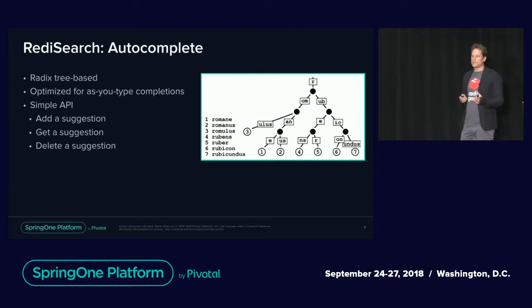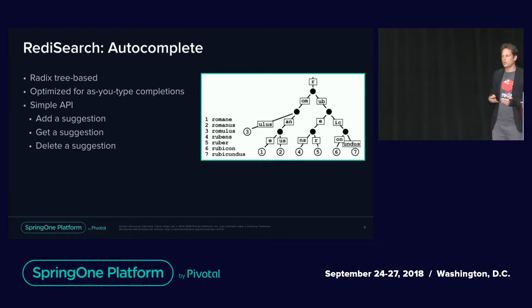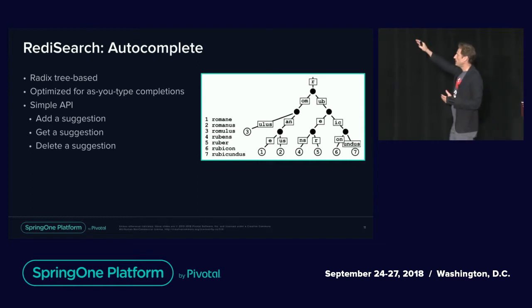Autocomplete is an interesting feature that uses radix tree-based data structures and is optimized for real-time as-you-type completions. If you provide just the beginning of a word or a phrase, as you can see in the example here, it starts at the top of the tree and goes down the tree as you type.